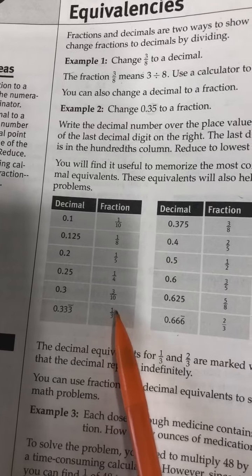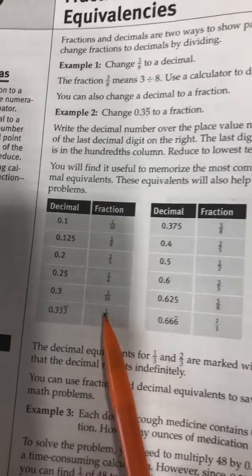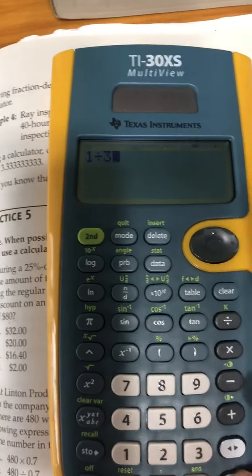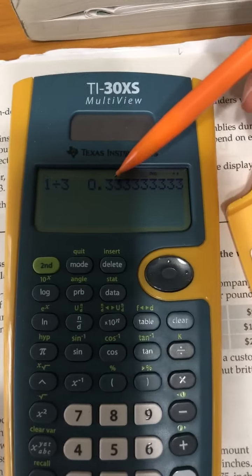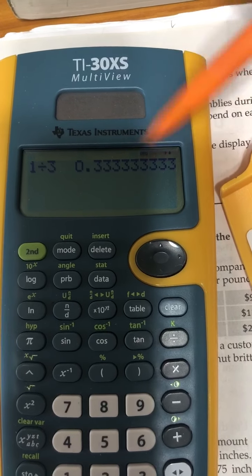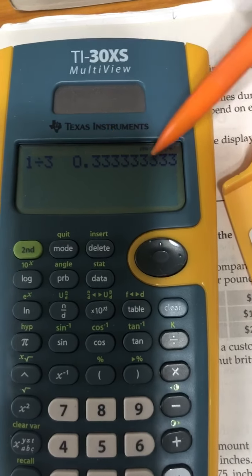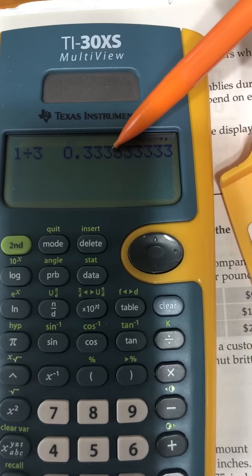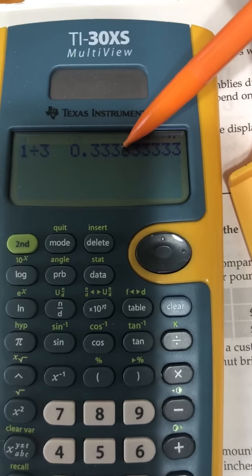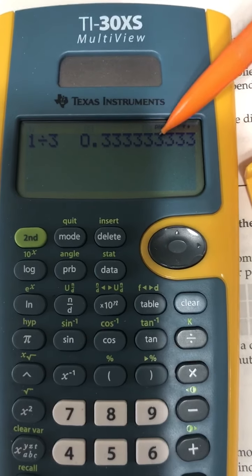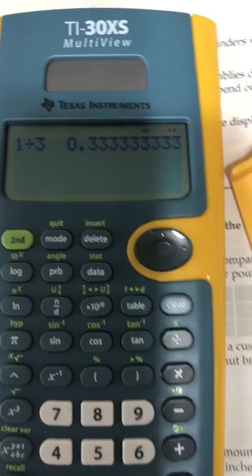So on my calculator, I'm going to divide 1 by 3. 1 divided by 3. And you see here, it's 0.3, but the 3 is being repeated. It keeps going. So they stop in the thousandths place, and they just put a bar on top of that 3 to show you that the 3 actually continues forever, basically.